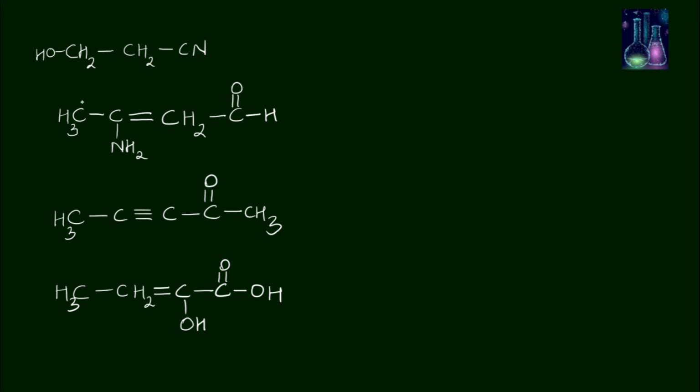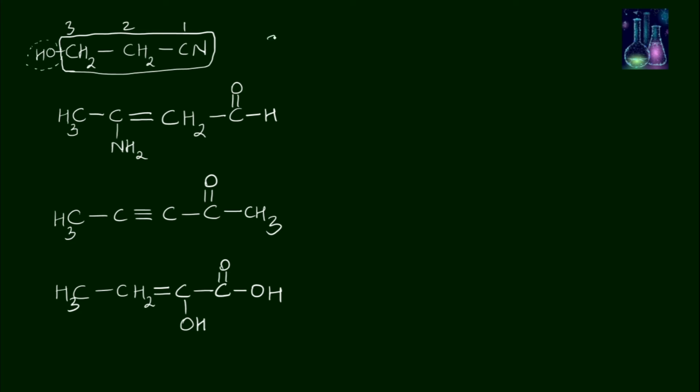Let's see our next example. This is your longest carbon chain. Definitely you have to take the nitrile functional group in the longest carbon chain. This becomes your first carbon, second carbon, third carbon. The third carbon has the hydroxyl group.